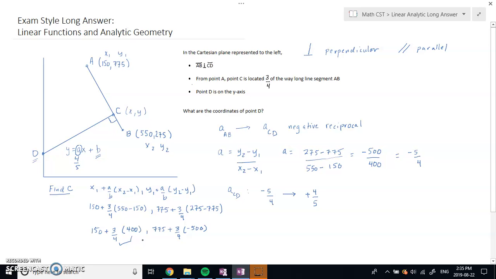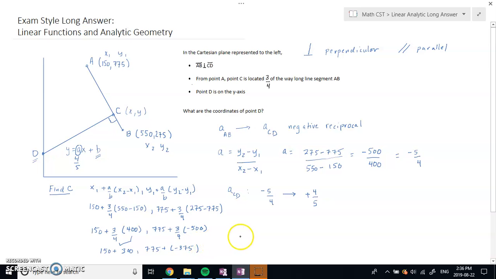So 3/4 times 400 gives us 300. And 3/4 times negative 500 is going to give us 375, or negative 375, because there's a negative 500.